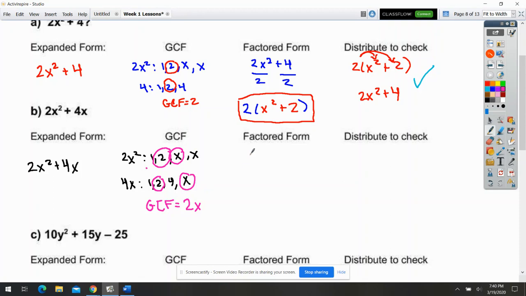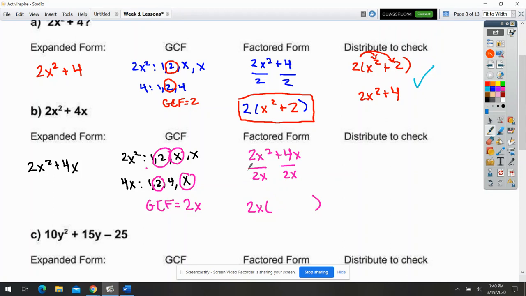By the GCF. So we have 2x squared plus 4x, and we know our GCF is 2x. I'm going to put that on the outside of the parentheses because that's what we're factoring out, and we're dividing by 2x.